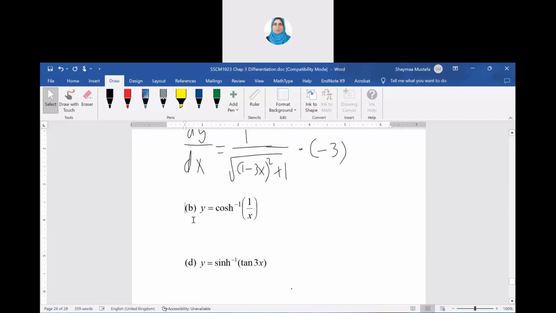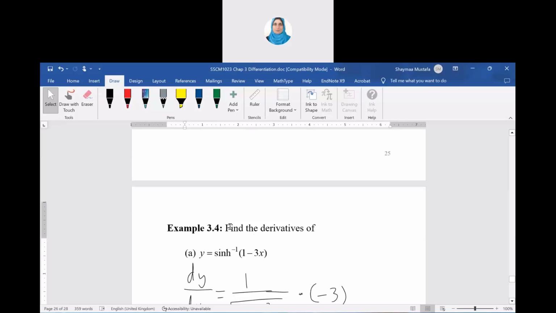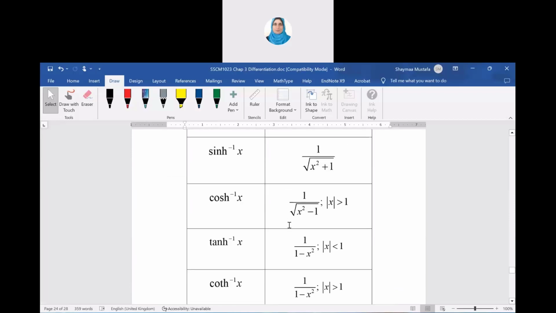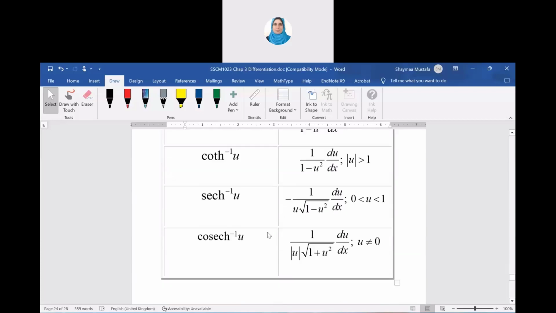Now cos inverse 1 over x. Here also I have a composite between functions. Instead of cos inverse x, you have cos inverse 1 over x. So I will start from the outer function, cos inverse x. The derivative for cos inverse x, apply this rule: 1 over square root of x squared minus 1.